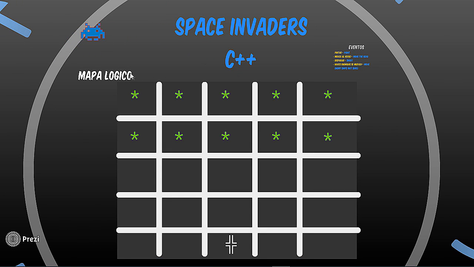Alright, so we are going to handle a logical map, and we are going to use, as I said before, not the icons but the char or the ASCII codes. So we are going to maybe research a little bit about that, because this is very important in this video.